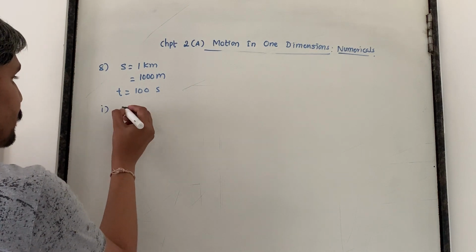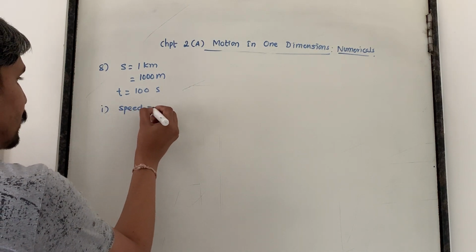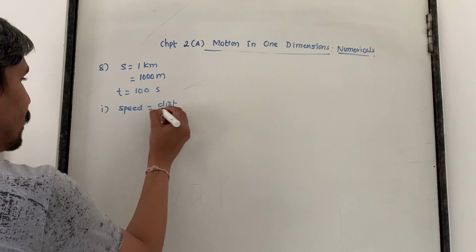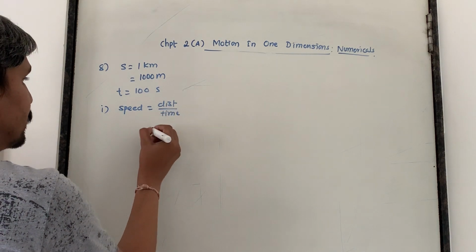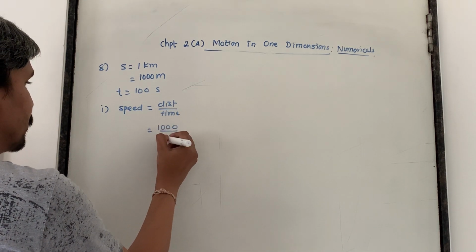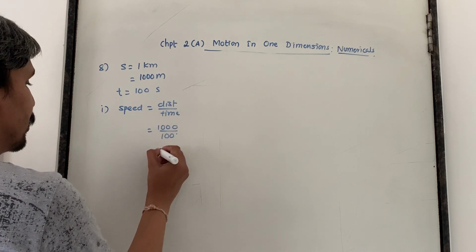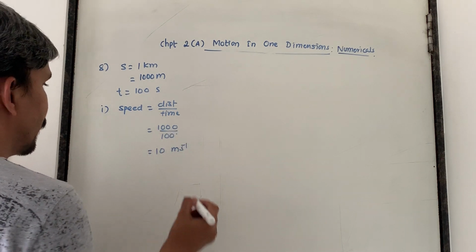Now first part में speed is equal to distance upon time. Distance is 1000, time is 100, which comes out to be 10 meter per second, right?